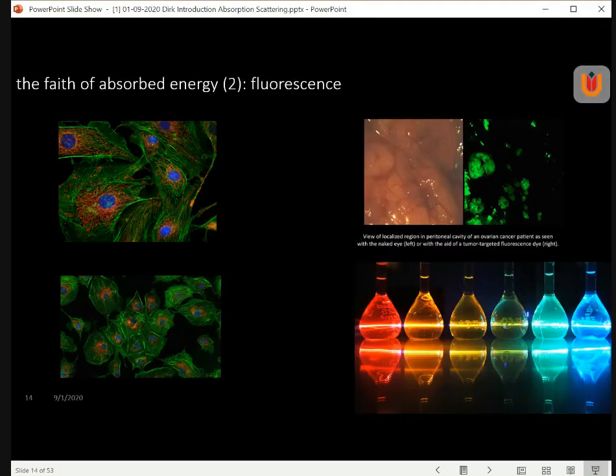Of course, I don't think I have to elaborate a lot on that. You have seen fluorescence imaging, fluorescence microscopy before, I guess. On the left-hand side is fluorescence microscopy, where you actually use this effect in a microscope to probe different compounds.